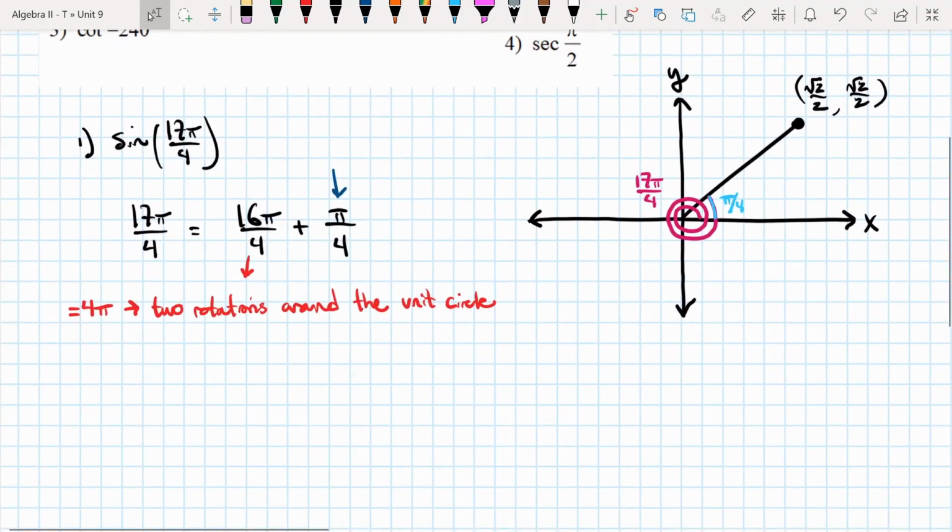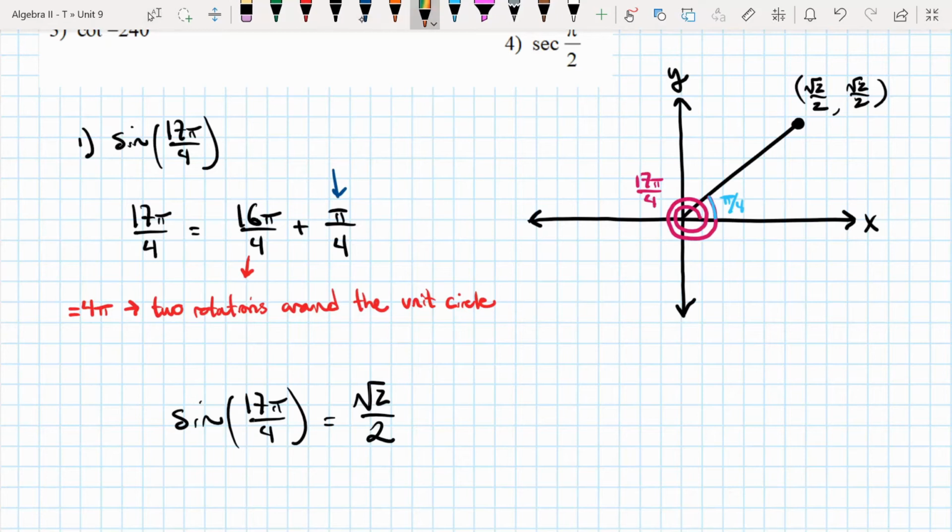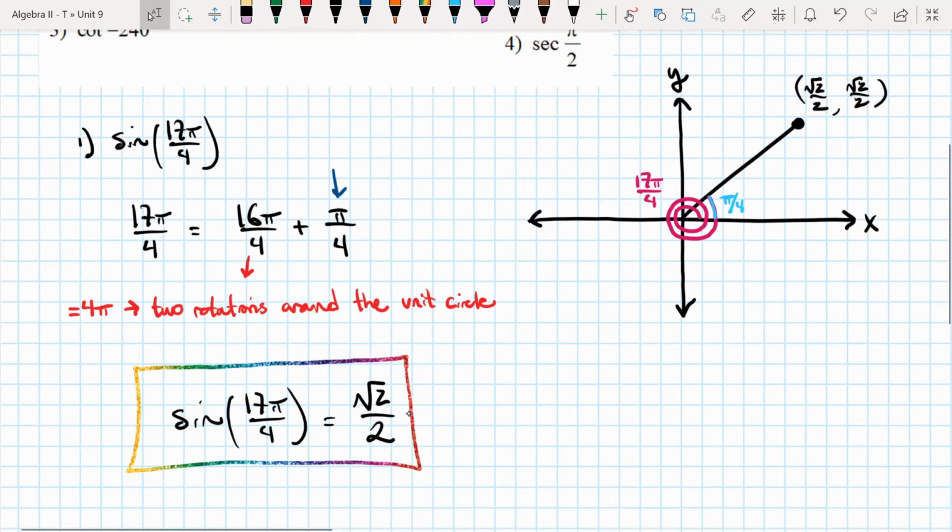And so sine of 17 pi over 4 is equal to root 2 over 2, because sine represents the y value of our coordinate point.